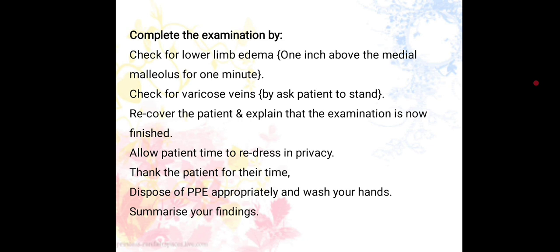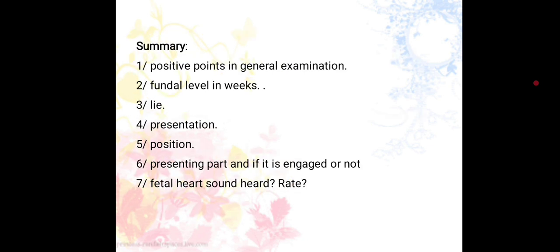Summarize your findings in the form of positive findings in general examination, fundal height in weeks, lie either longitudinal, transverse, or oblique, presentation either cephalic or breech, or other abnormal presentations of shoulder, brow, and compound presentation.